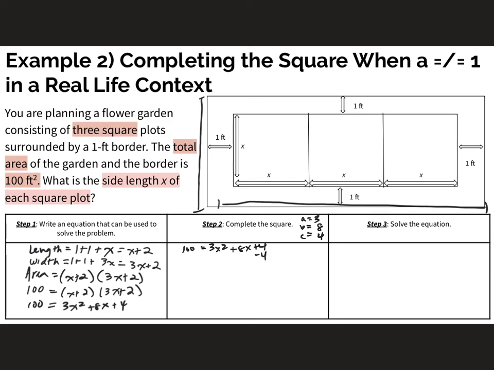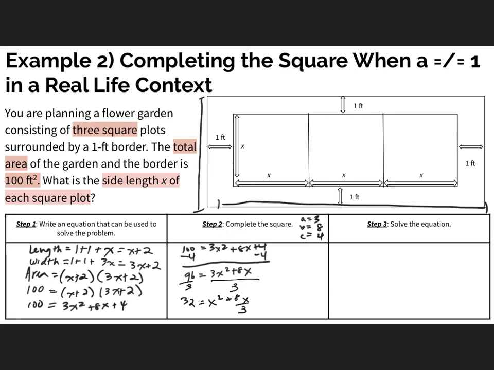I subtract and get rid of that c on both sides, so I get 96 equals 3x squared plus 8x. To complete the square, I need my a to be 1, so I divide everything by 3. When I do that, I get 32 equals x squared plus 8x over 3.